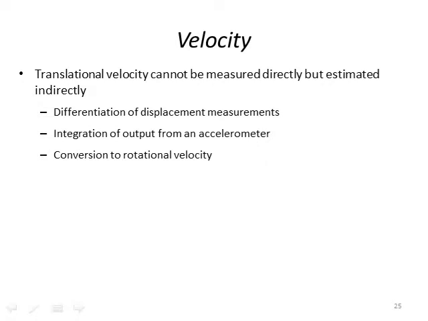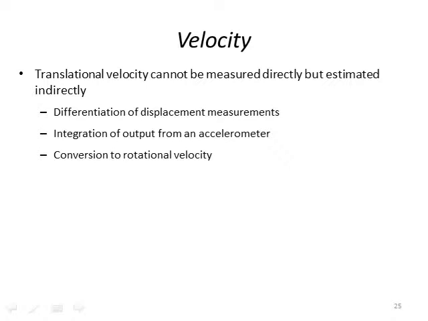Okay, now we move on to measuring velocity. Translational velocity cannot be measured directly, but we can estimate it indirectly. We can use differentiation of displacement measurements, so we know that the velocity is essentially dx/dt, where x is our displacement.